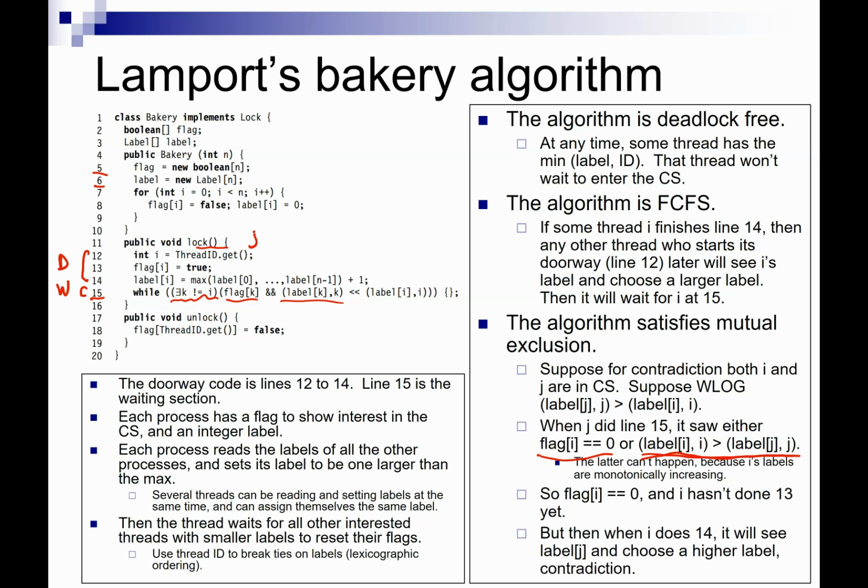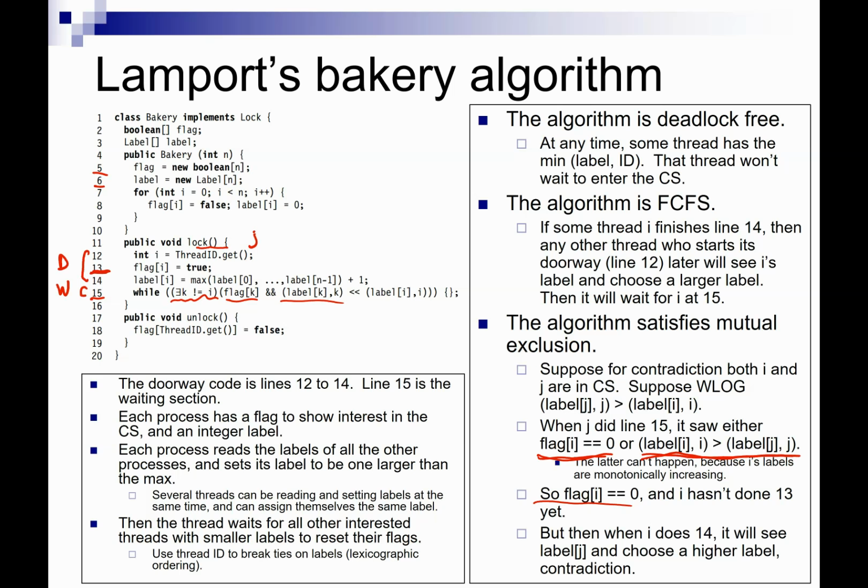The other possibility is that I's flag is equal to 0, but I wants to get into the critical section. In that case, I must not have done line 13 yet, because if I did line 13, his flag would be true.